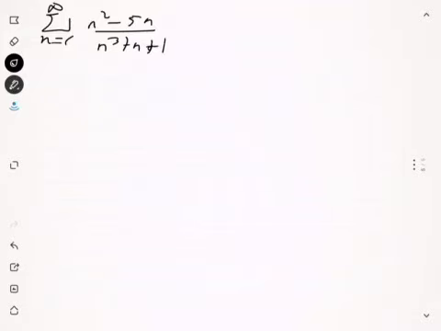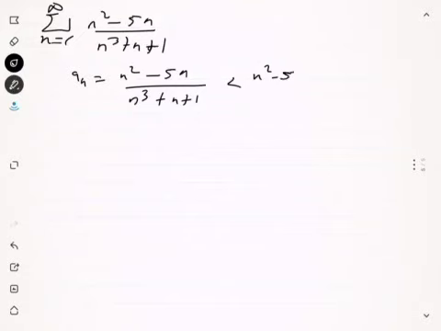And if I take a look at this other series, the sum from 1 to infinity of (n^2 - 5n)/(n^3 + n + 1), and you try just the direct comparison test, such as an = (n^2 - 5n)/(n^3 + n + 1), and if you drop the n and the 1 in the denominator, you get (n^2 - 5n)/n^3, and then this is less than, if you drop the 5n, n^2/n^3, so you get 1/n, and you can call this bn.